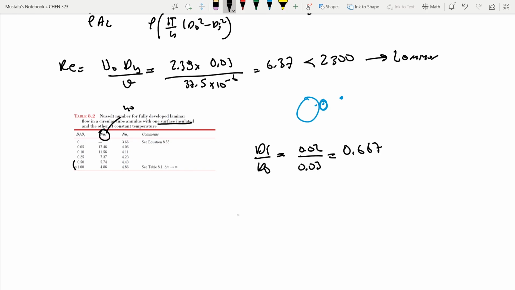So we interpolate between these two points, and basically the Nusselt number inner is 5.45. Okay?